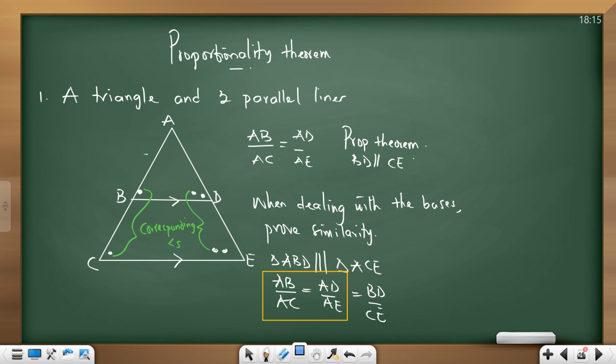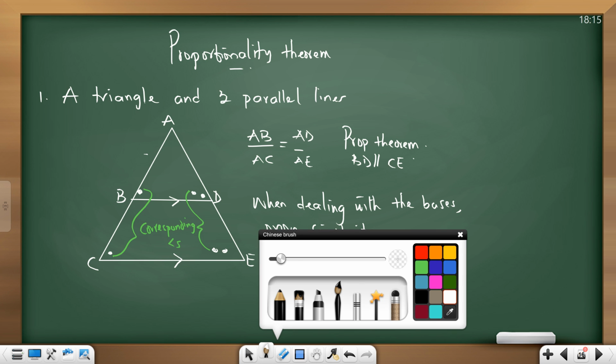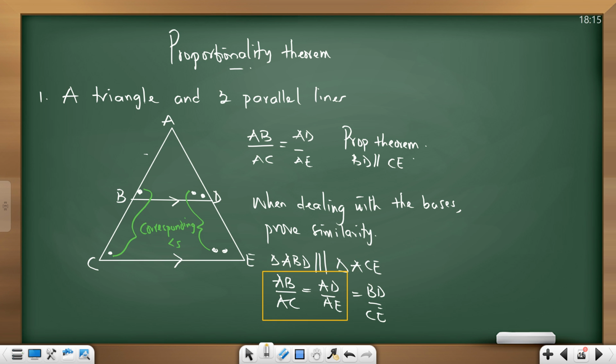So that shows who's the power that your similarity has. I don't know if it makes sense. Your proportionality is just saying AB over AC, which is here, AD over what? AE. But now, because I prove similarity, check what happens. BD over what?